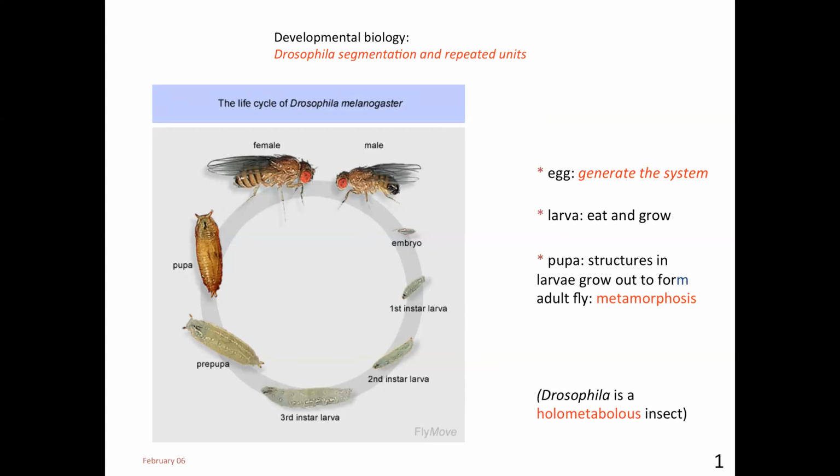So in Morgan's lab, all the undergraduates, Calvin Bridges, Alfred Sturtevant, were working on this model system, and they would score thousands and thousands of flies for genetic variations that they would find, and then try to utilize genetics and recombination mapping to see where the mutants would lie.